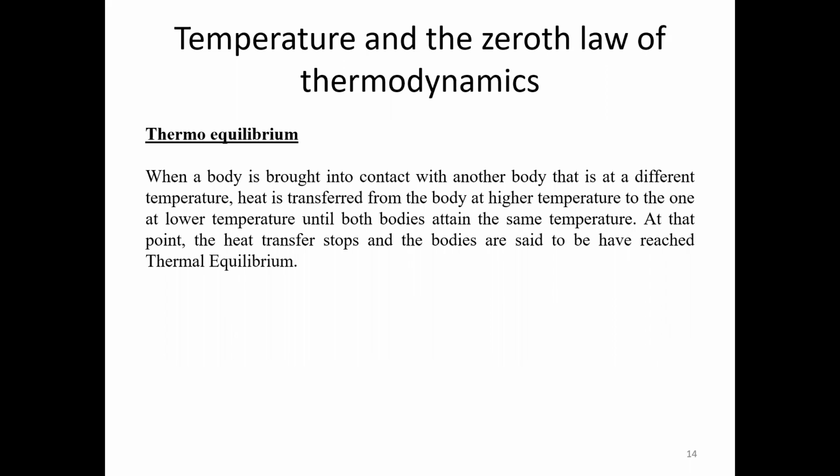Before I talk about the law itself, I will give you an example and you tell me what's going to happen. So for example, if I have two systems, system 1 and system 2, both of them are at equilibrium condition.